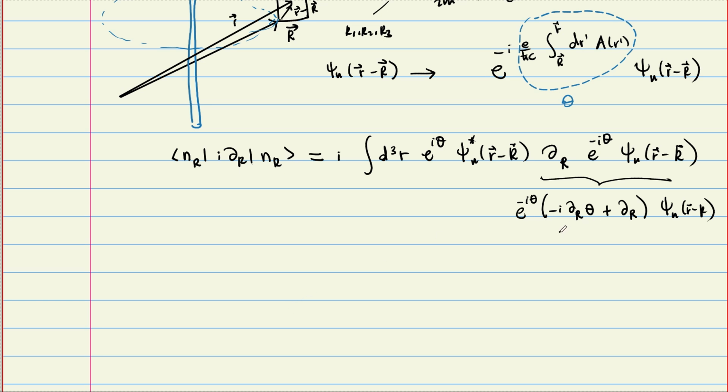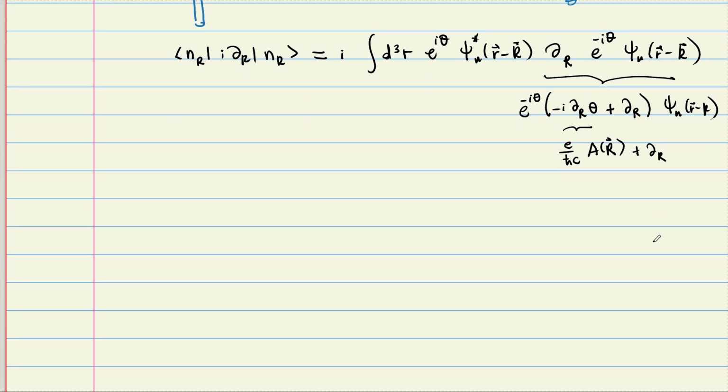And if you take the derivative, again the same thing, the derivative of the integral of e over h bar c times A. You can see this is a derivative with respect to R, and there may be an overall minus sign because R is at the lower limit, but let's not worry about that at the moment. If you want, there's minus i plus, and this one is del R. So I will just rewrite this whole thing. This A of r is going to go out because it's not the integral variable.